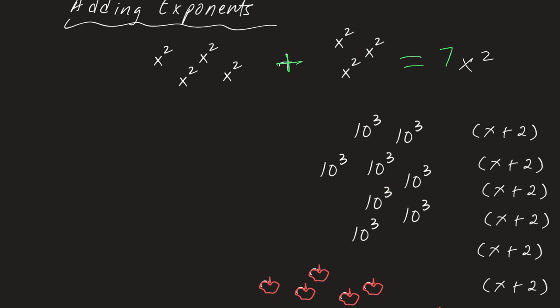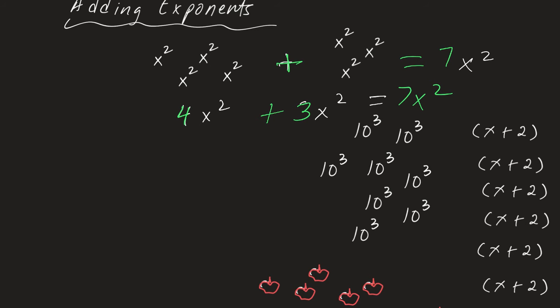Of course, we can look at it like this. Instead of writing a bunch of x's like that, we can think in our head and say 4 x squared, and then over here we have plus 3 x squared, and that would give us, of course, 7 x squared.